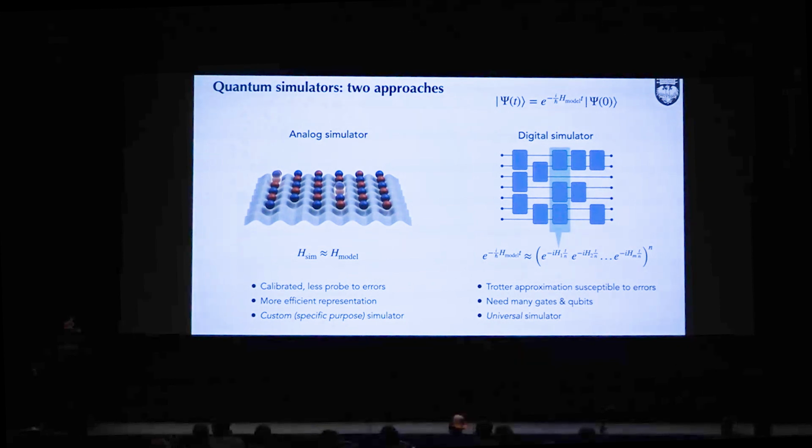Zlatko has discussed in the previous talk some strategies on how you can mitigate these errors. Then you also have the analog approach that relies on basically implementing the model directly in the lab. It's not as versatile as a digital simulator, but if you can implement this model Hamiltonian, this approach is less prone to errors and holds great promise for performing these types of simulations with current noisy hardware.